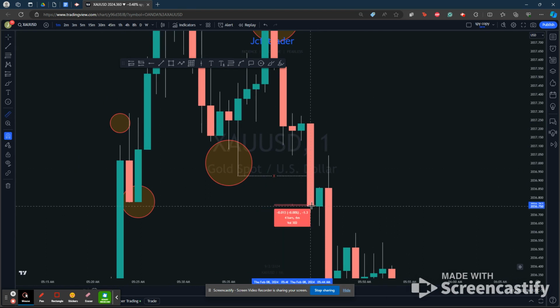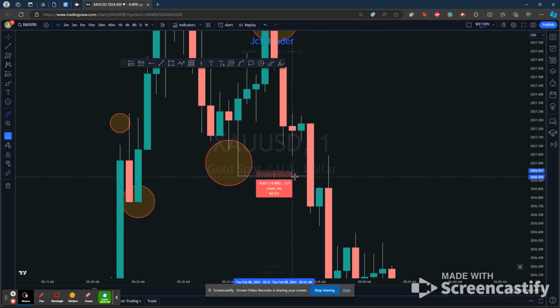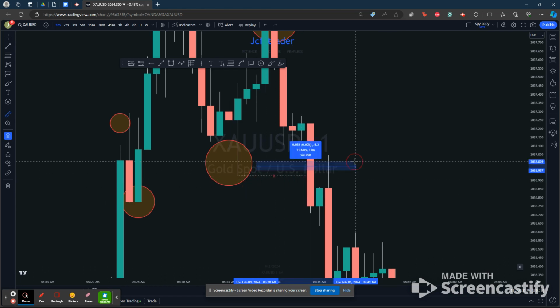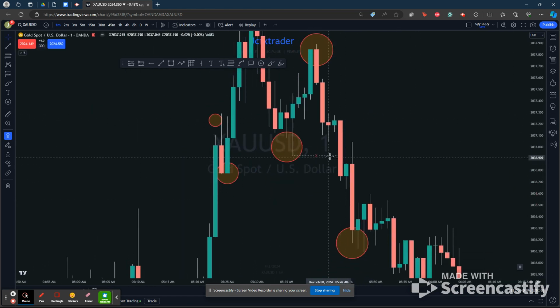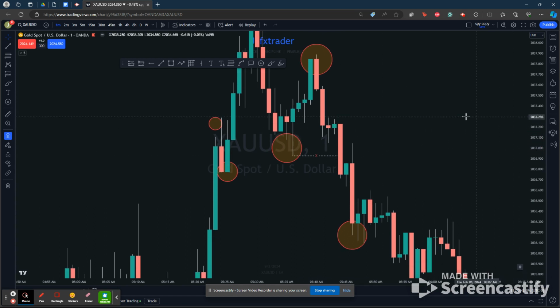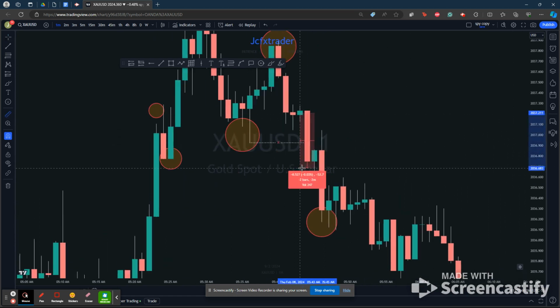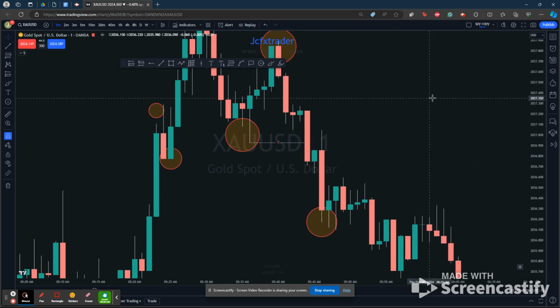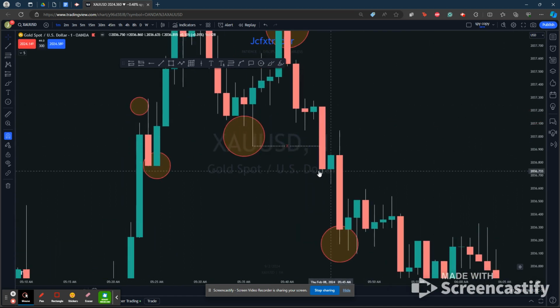And the closure of this body is further down than this line or break of structure. This makes this break of structure valid, right? Because it broke structure. If it were to be a wick, for example, it would not be a valid structure. The price must close after the wick.